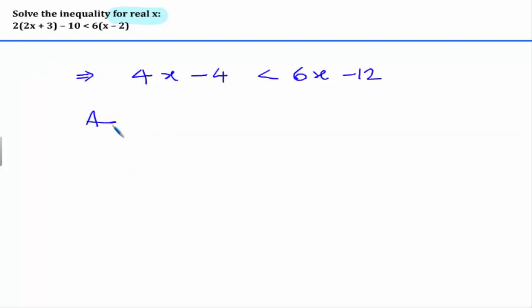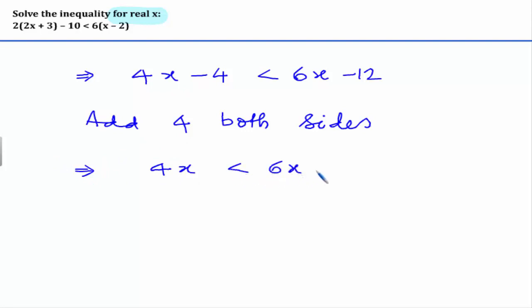Now let us add 4 on both sides, because if we add 4 on both sides, this minus 4 plus 4 gets cancelled. So we get 4x in the left hand side and 6x minus 12 plus 4. This will give us 4x less than 6x minus 8.